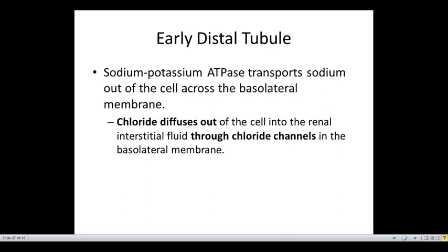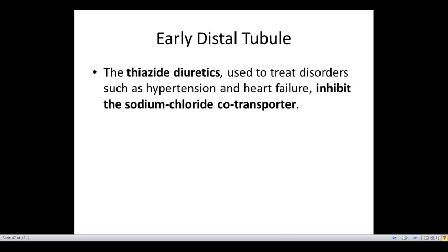Chloride diffuses out of the cell into the renal interstitial fluid through chloride channels in the basolateral membrane. The thiazide diuretics, which are used to treat disorders like hypertension and heart failure, inhibit the sodium chloride co-transporter.